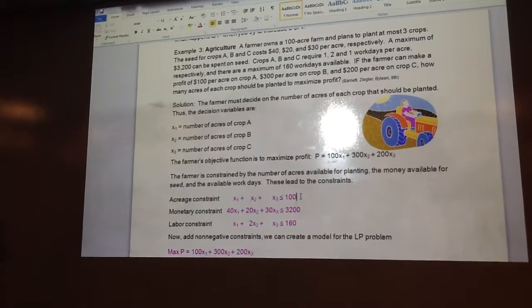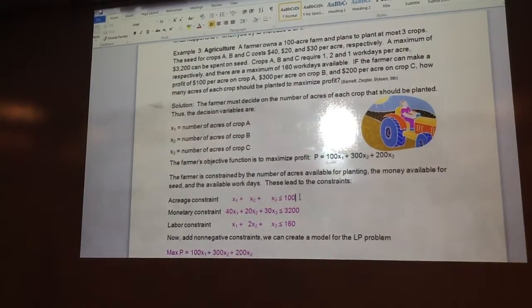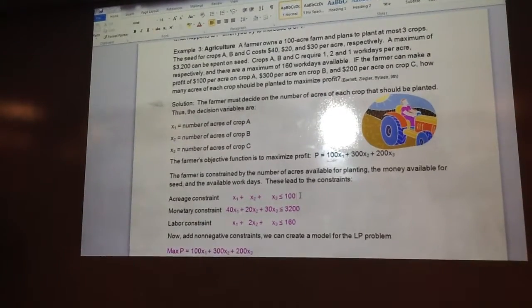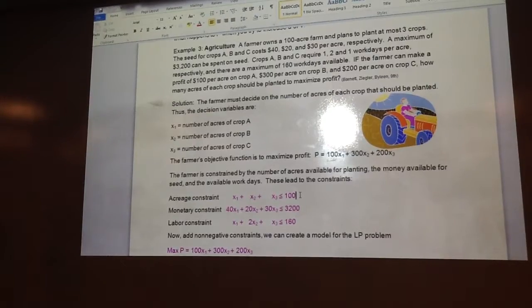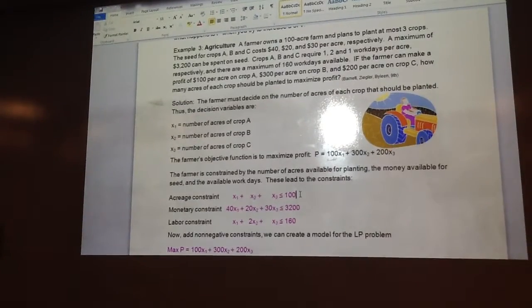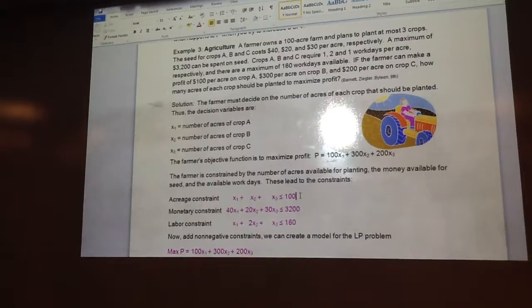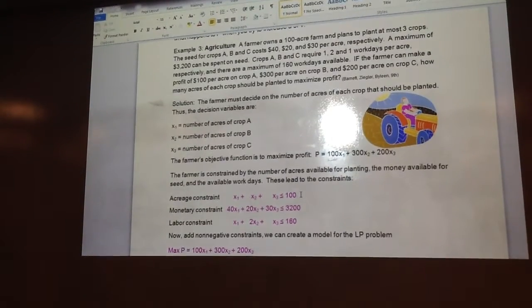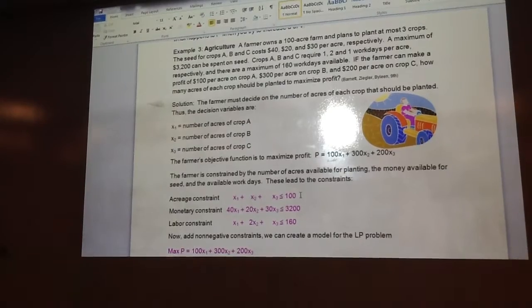And finally, there are labor constraints. There's only 160 work days available to till, plant, treat, and harvest the crops. So perhaps this is in the Midwest, perhaps it's even a little bit further south with 160 work days.